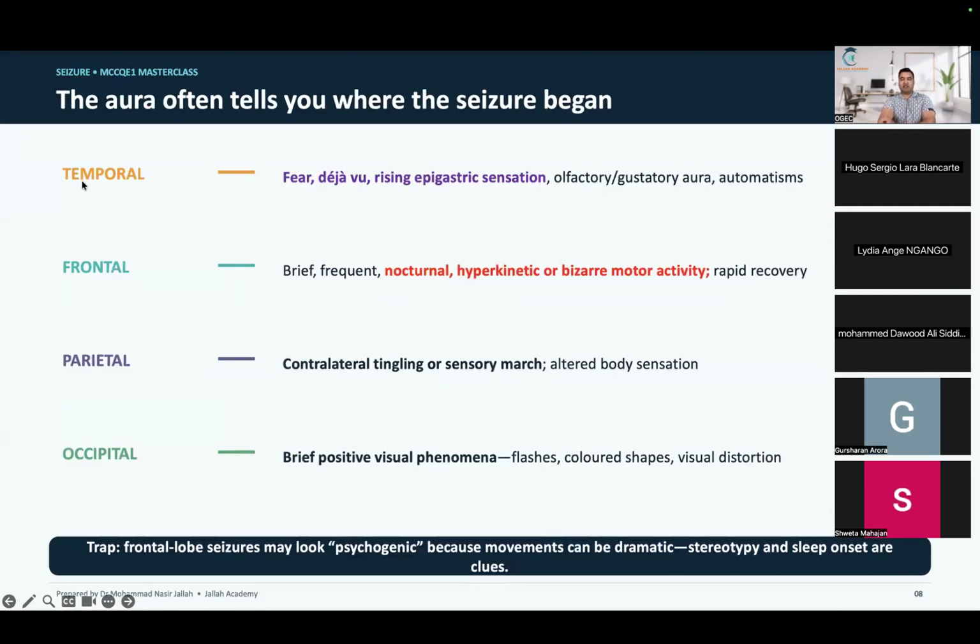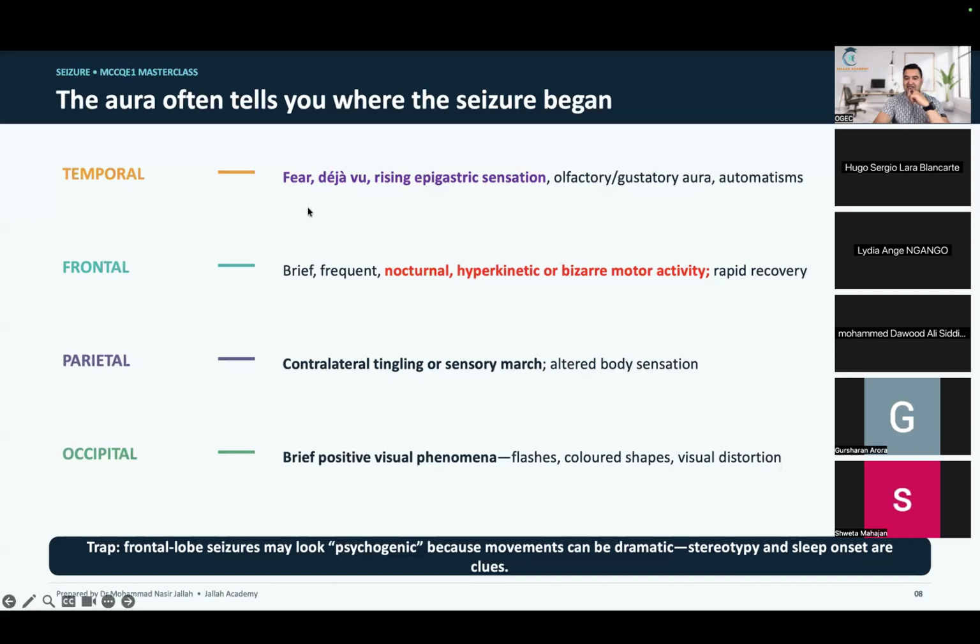Now, in terms of the area, the aura often tells you where the seizure began. If it is temporal, remember, usually the patient will have fear. The patient will describe something like deja vu. Out of these, deja vu and rising epigastric sensation are very commonly mentioned in the scenario.